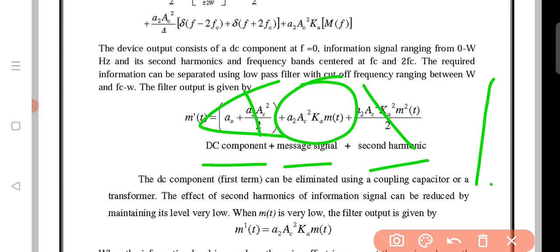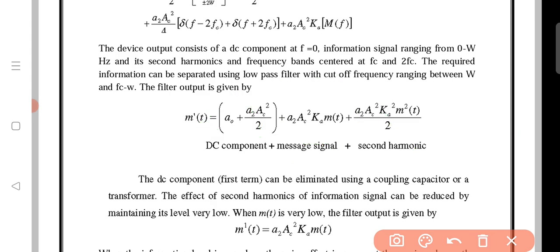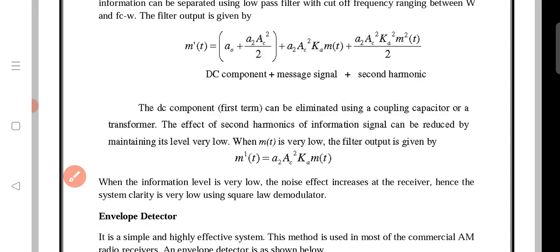By observing this phenomenon, we say that this is the message signal. I already told you there is no possibility of ideal conditions in practical situations.